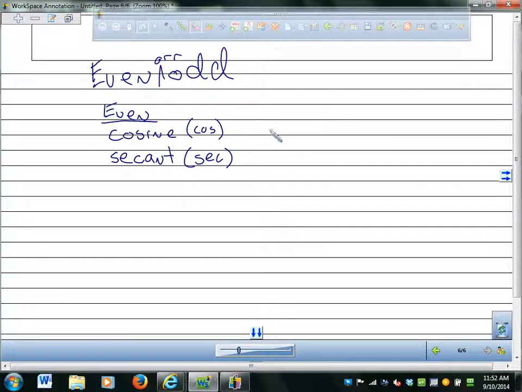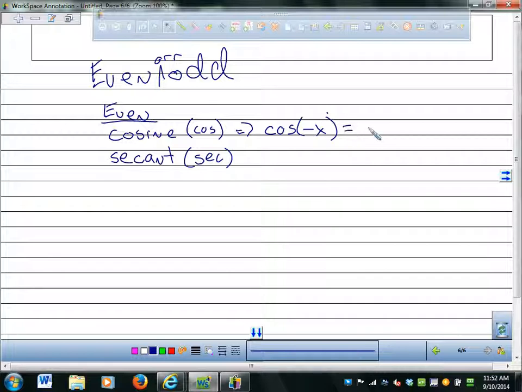So what this means is if I take the cosine of negative x, that's equivalent to the cosine of positive x. Okay? And likewise, the secant of negative x is equal to the secant of positive x. So for example, if I wanted the cosine of negative pi over 3, that's equal to the cosine of positive pi over 3.